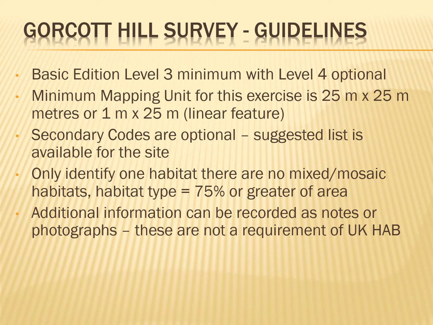There are no mixed or mosaic habitat types, so you will need to select the habitat boundaries and define them as a single distinct habitat type. The guide recommended for identifying a habitat is 75% or more of one habitat type. This will be explained more on the day.